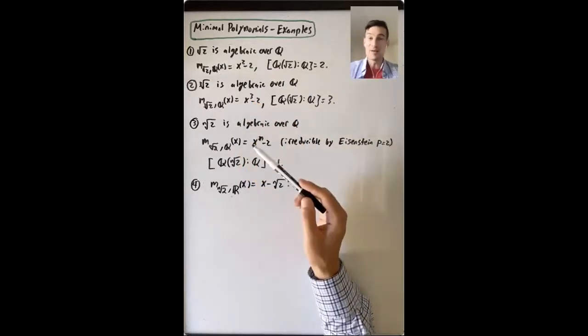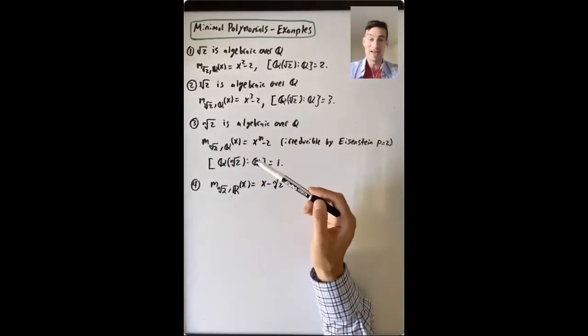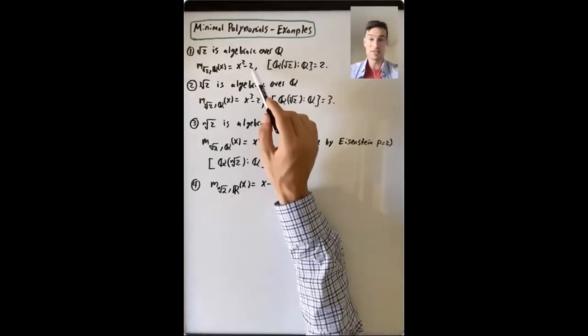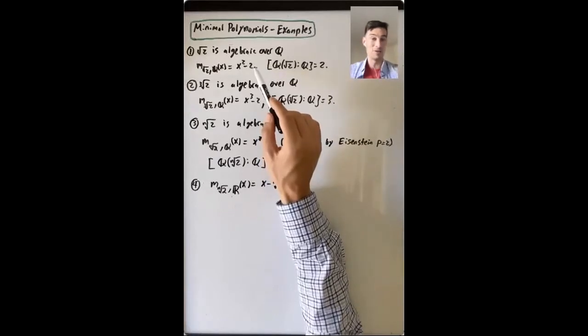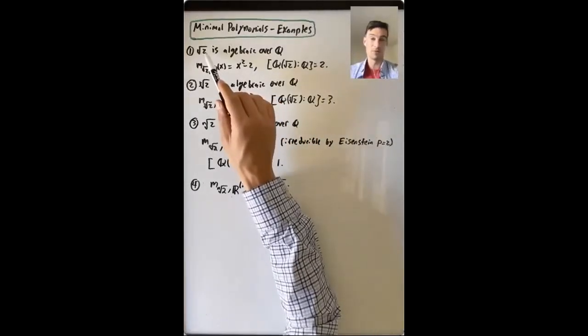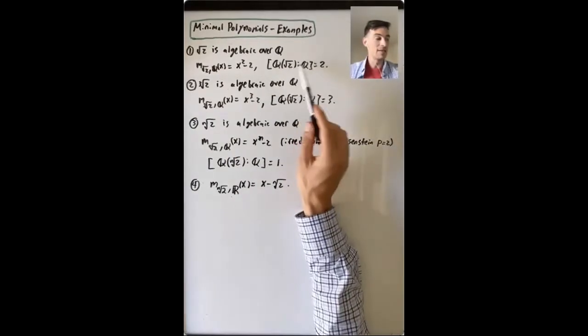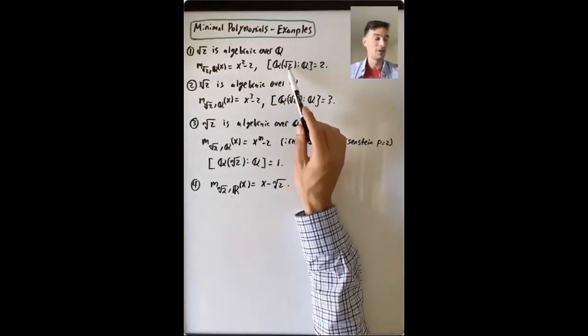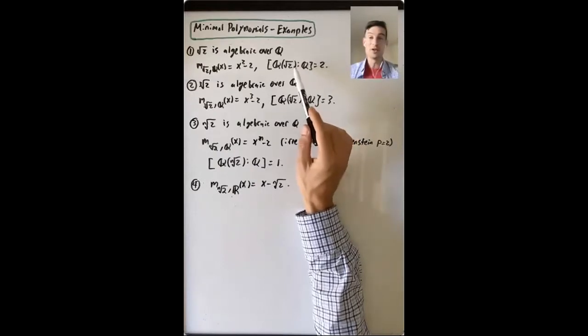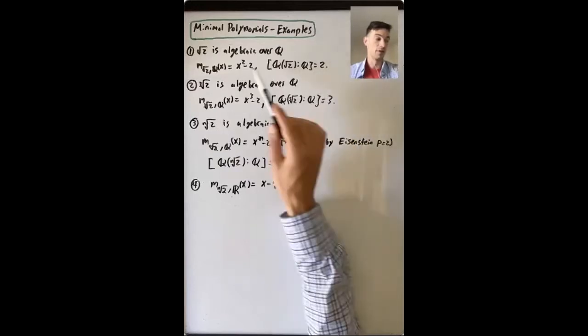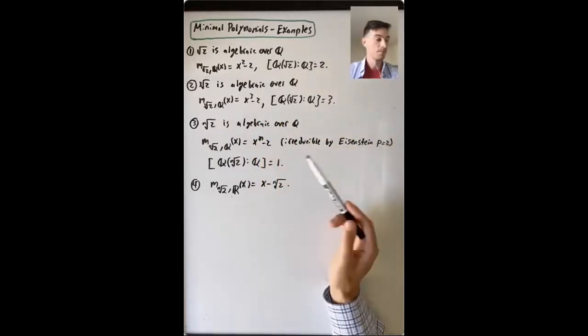Well, that's the unique monic polynomial in Q[x] that is irreducible and has square root of 2 as a root. X squared minus 2 is a monic irreducible polynomial having square root of 2 as a root. So it is the minimal polynomial. And that means that Q adjoin the square root of 2, the field generated by square root of 2 over Q, has degree 2, the degree of this minimal polynomial.